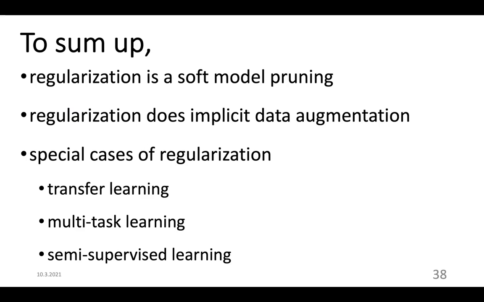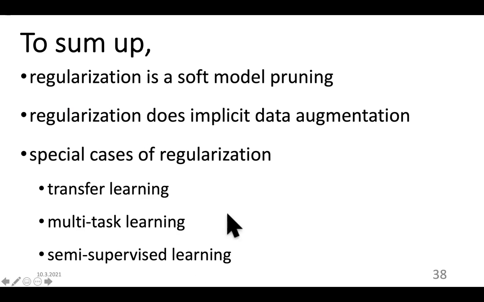And the distribution of these random variables corresponds exactly to the specific form of regularization term. In particular, if we use a Gaussian distribution for doing this data augmentation, this corresponds to the regularization term being the sum of squares of the weights.